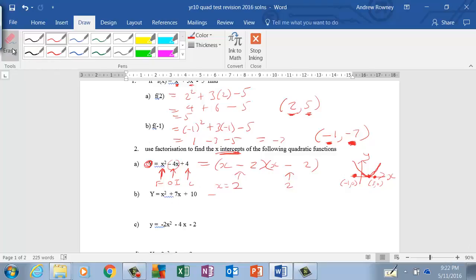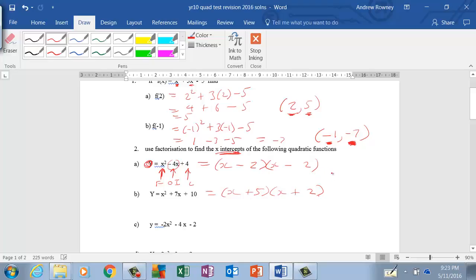Okay, the next one, we do the similar way. We have to FOIL it into 2 brackets. And the 2 firsts have to be x times x is x squared, and the last has to be 5 times 2 is 10. To give 7x comes from the outers and the inners, so it's plus 2x plus 5x, which is plus 7x.